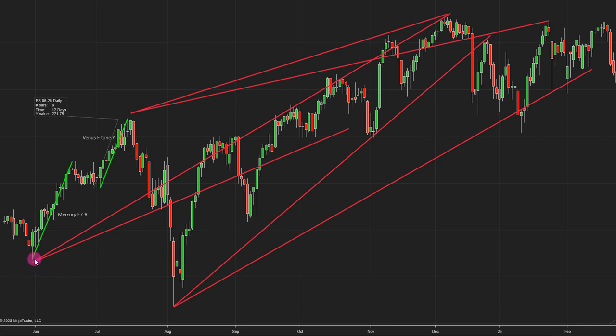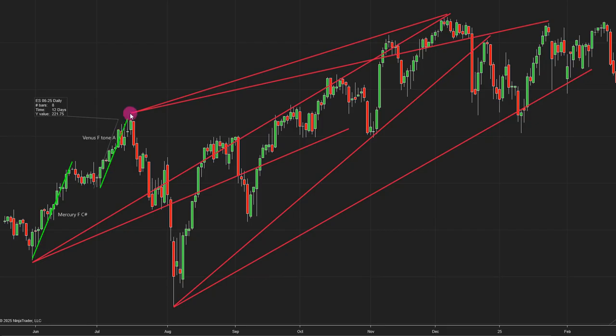Coming off of this low back here in June, I'm taking two measurements. The first one, this low, measures to this point here, which is this low right here. The second projection is another frequency measurement that goes from the low to the point of this high.